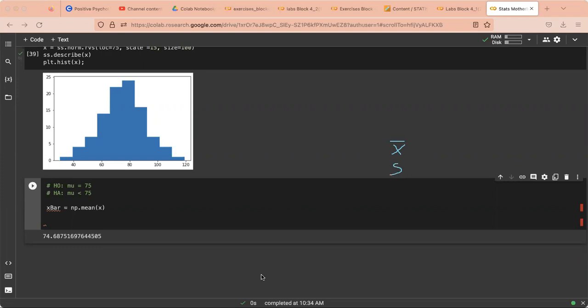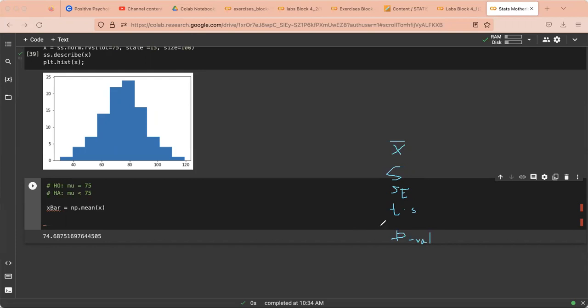Let's do S, SE, and T stat. Let's just do TS because I can't be asked to type that, and we need our p-value, pval.